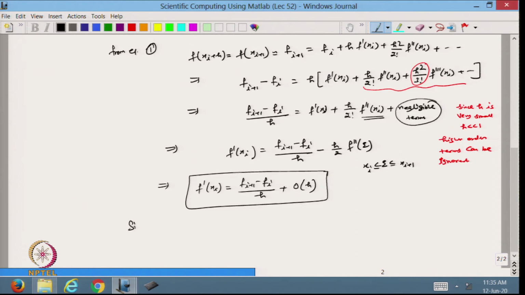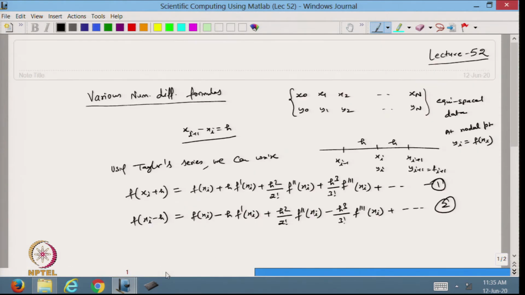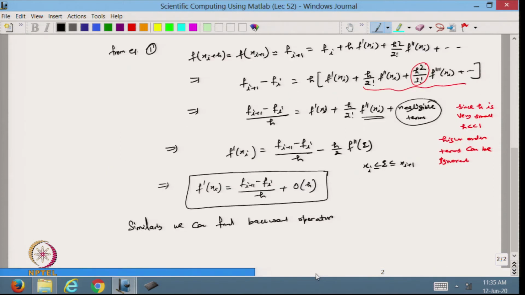Similarly, we can find the backward operator. So I can use the previous one. Using this one, the same way I will take f at xi minus h on the left side, I will take the minus sign and so on.